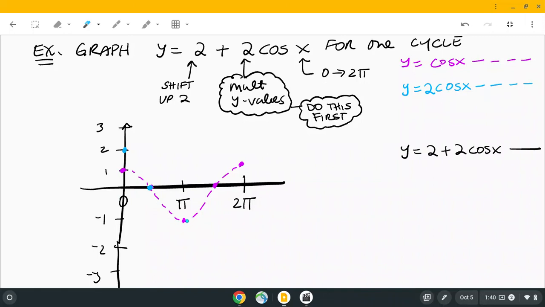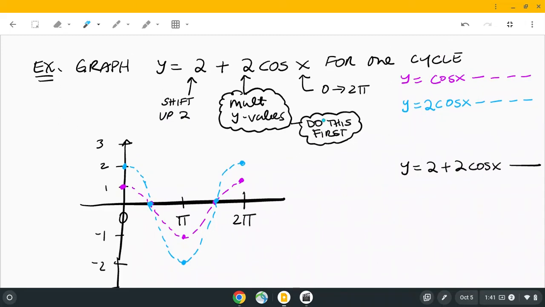Y value is -1. -1 times 2 is -2. Y value is 0. 0 times 2 is 0. And here the y value is 1. 1 times 2 is 2. Okay, so now here's the stretch that I see. Okay, so here it got stretched. And now I have to do the shift. So we did the stretch. Now we're going to have to do the shift. Shift up 2. All right, so I'm going to have to extend my graph even more.